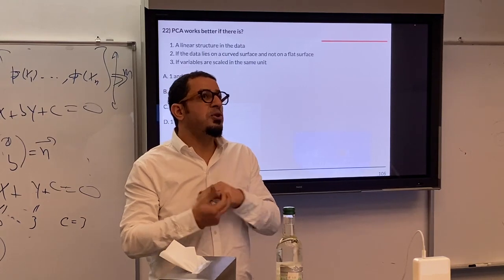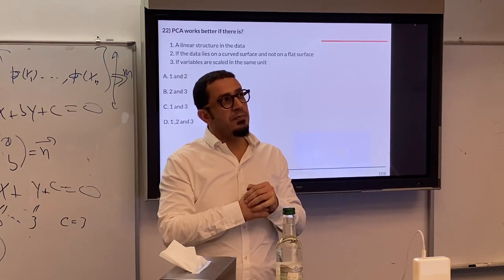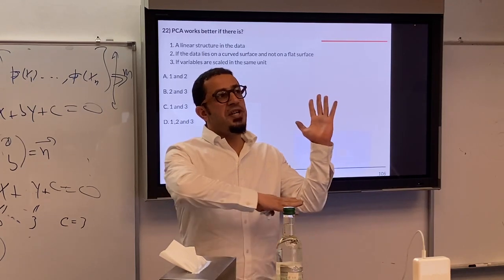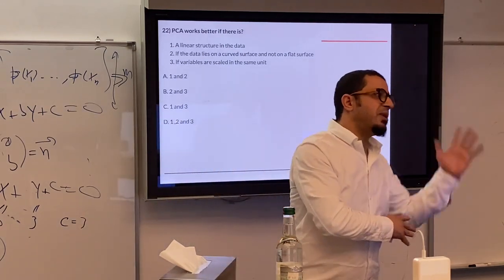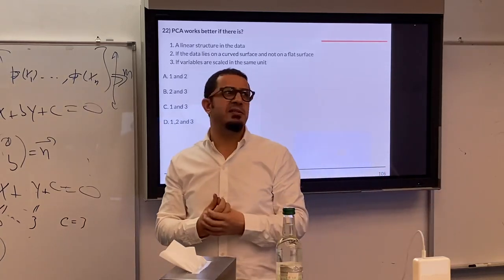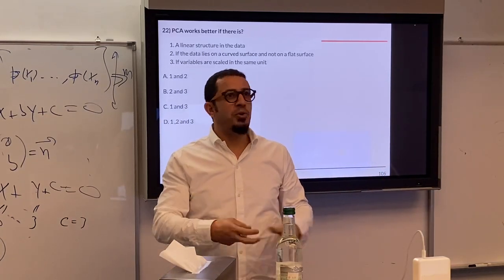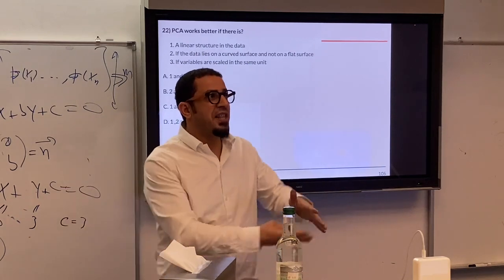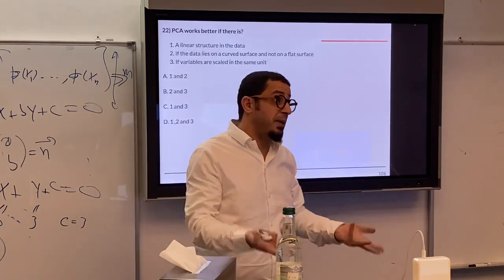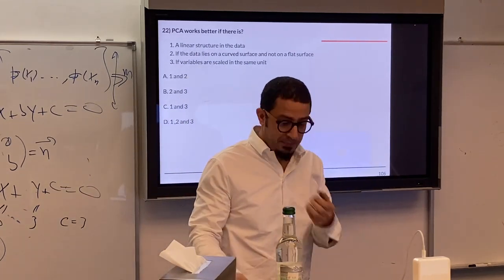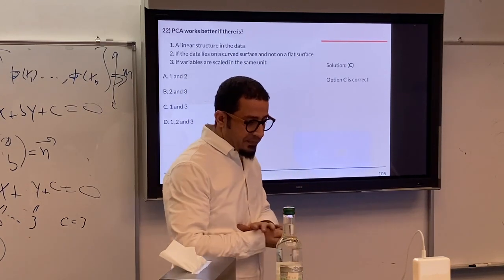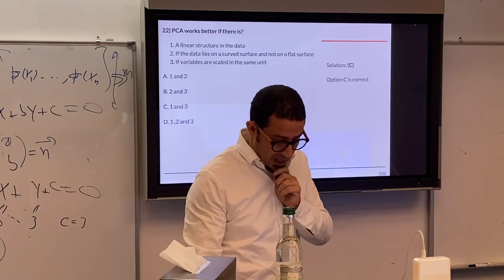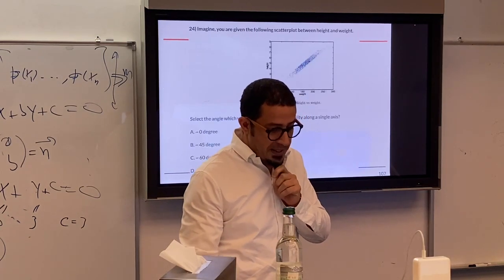That's right. Because we are looking for the variance, right? This is kilometer, and this is nanometer. Do you think it makes sense? Here the data will be all small, and in nano it will be really huge. So you have to standardize it. Do you agree with that? 1 and 3.